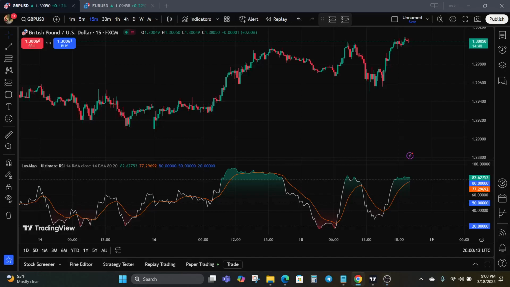Hey traders, if you have been using the relative strength index in your trading, you know it's quite a powerful momentum tool. But what if I told you there is an upgraded version that gives more accurate signals, better trend confirmation, and stronger trade setups?